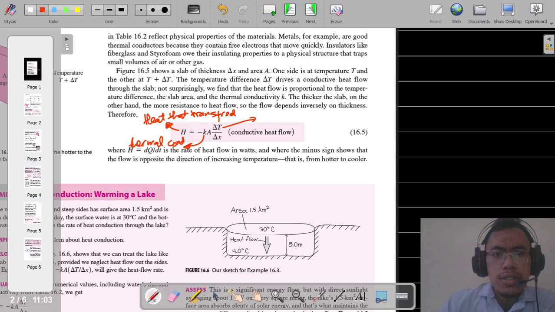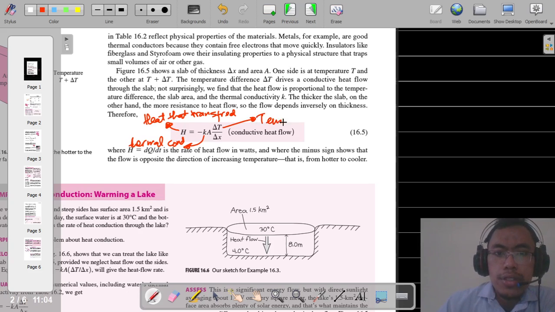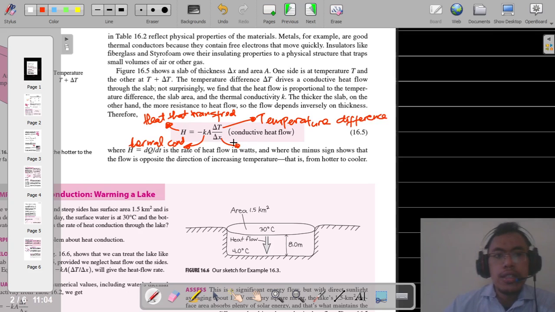Delta T is the temperature difference. And X is the length of the plane.